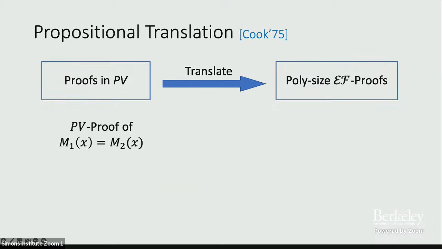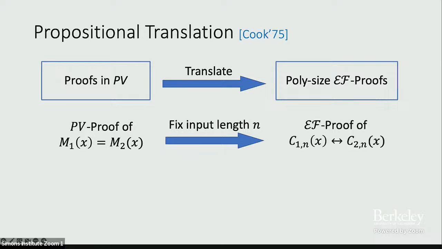In our case, the PV proof is the functionality equivalence between two Turing machines, M1 and M2. And given any fixed input length n, we can obtain a polynomial size extended Frege proof of functionality equivalence between C1n and C2n. Here, C1n and C2n are the circuits that emulate the computation of the Turing machines M1 and M2.